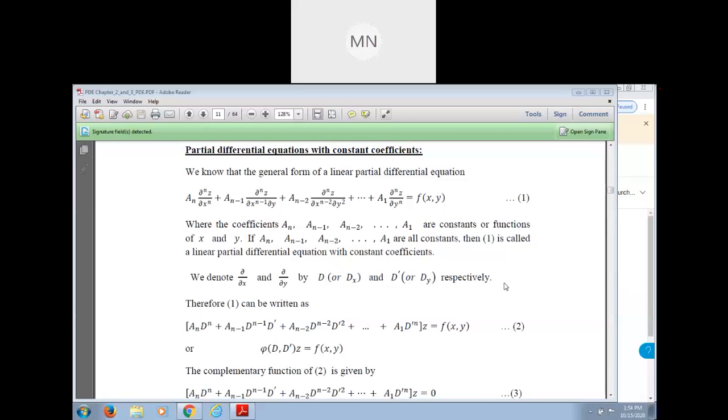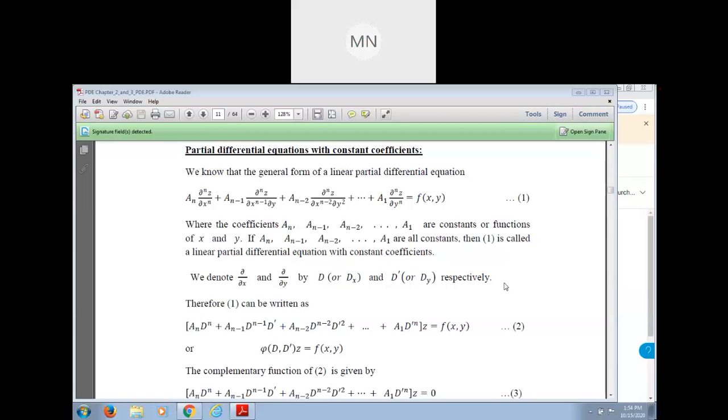Del z by del y. Yeah, del z by del y. And z equal to f of x comma y. Here we have discussed small r, s, t, p, q.